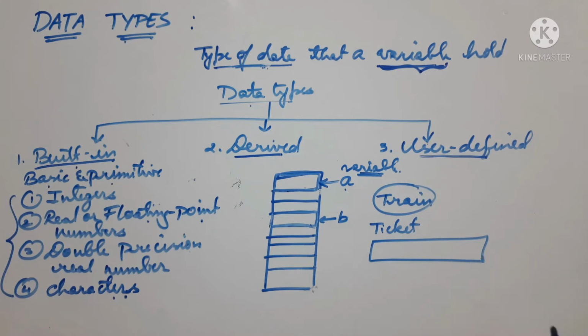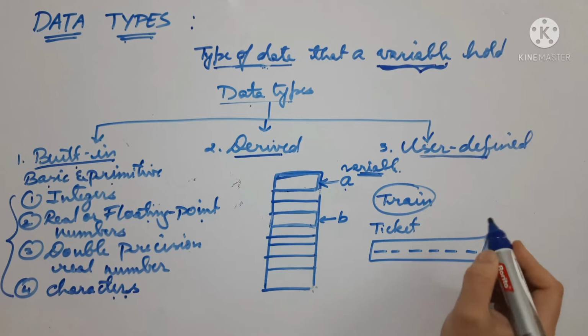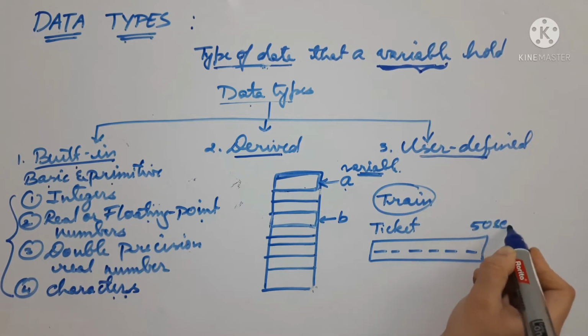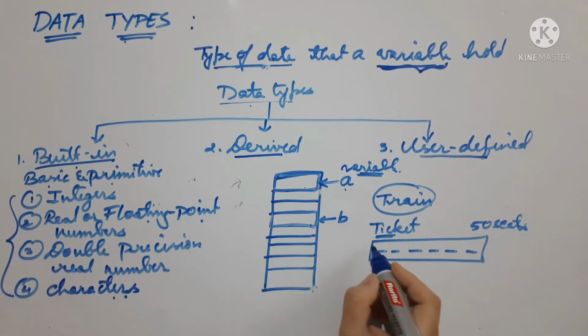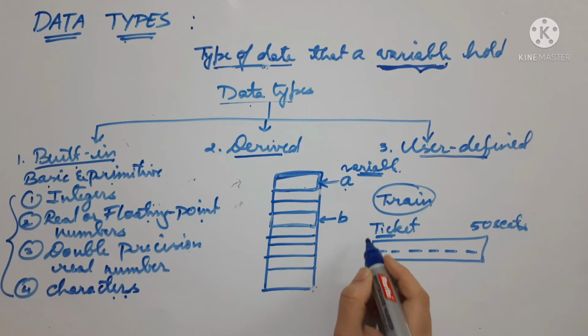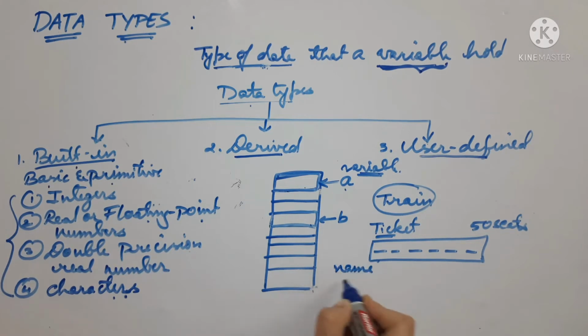Suppose you have a reserved bogie, there are certain limits. Suppose there are 50 seats. Now if you want to travel through this train, then you have to reserve your ticket. So when you reserve your ticket, what do you give? You give your name, age and date of traveling.